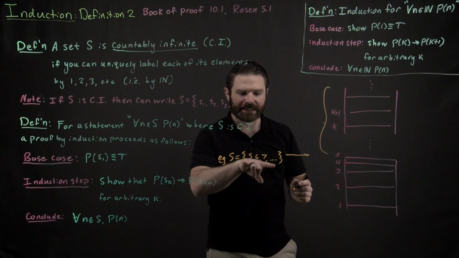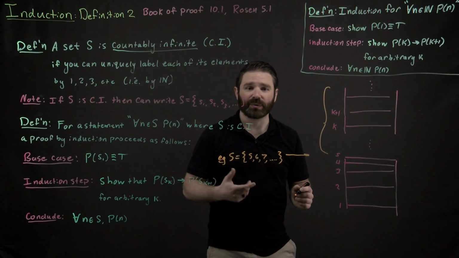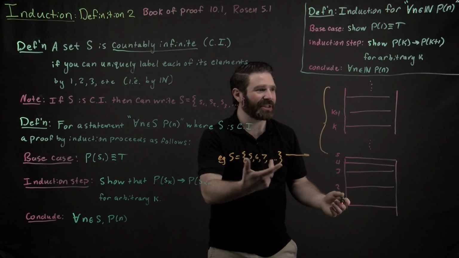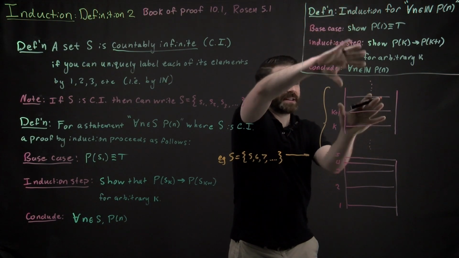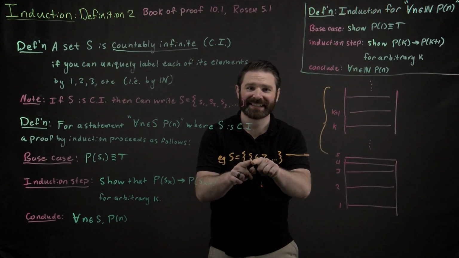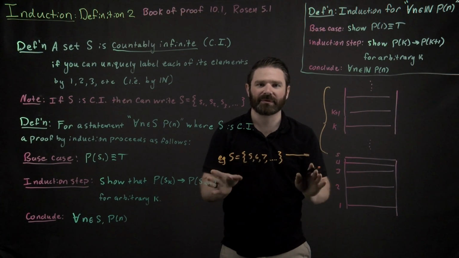Because we know that this set right here, since it's countably infinite, can be labeled with 1, 2, and 3, etc., then we know that it exists somewhere on this ladder. And so it just changes where we start and how we proceed along. We will take a look at a couple of examples of this.